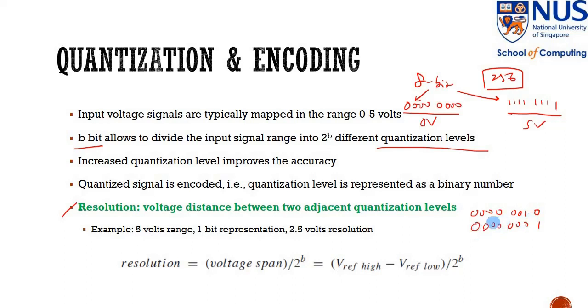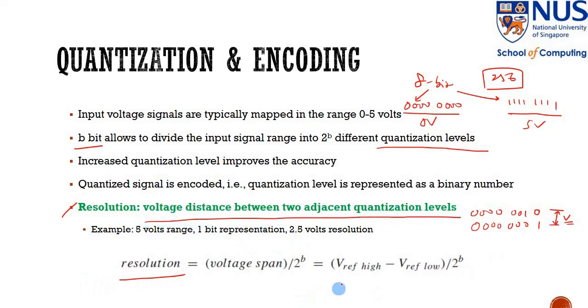In digital representation, they differ by 1. But what is the equivalent voltage difference? That voltage difference is what we call the resolution, the voltage distance between two adjacent quantization levels.